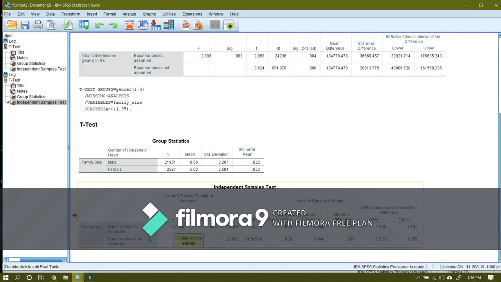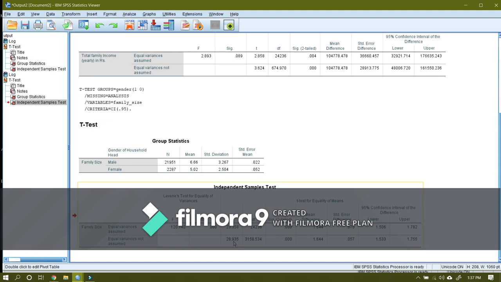So we will not use this t-test for the comparison of means. Instead, we will come here, and SPSS also gives us equal variances not assumed. Since on the basis of Levene's test we reject the homogeneity, they are heterogeneous, so we will use this row.